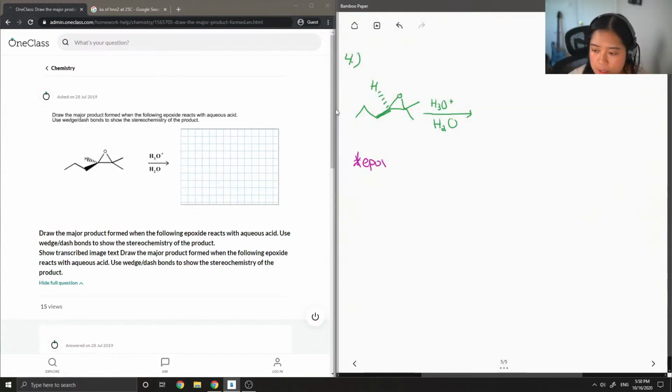So epoxides are reactive, and this is due to ring strain.